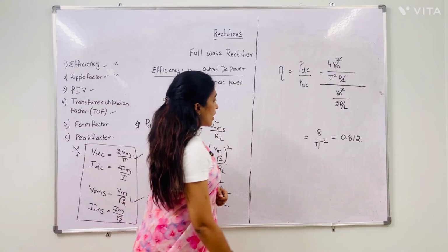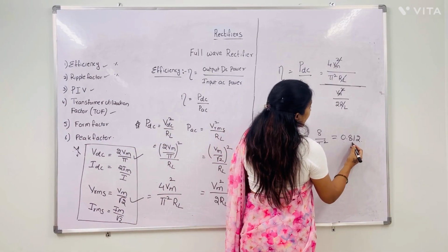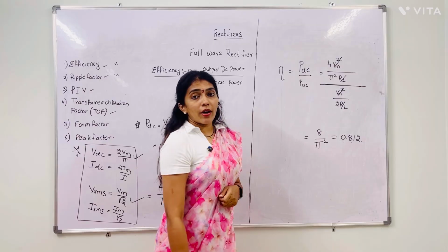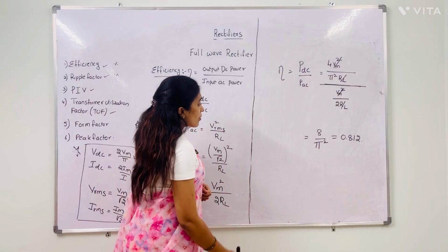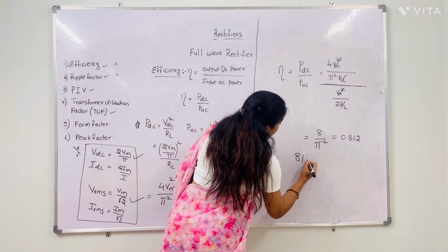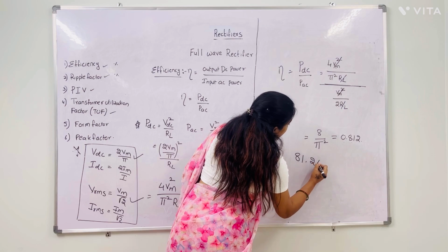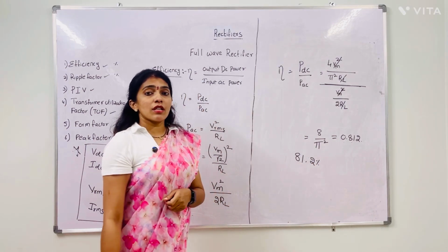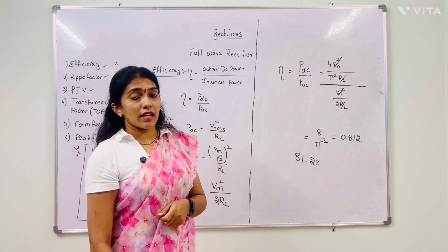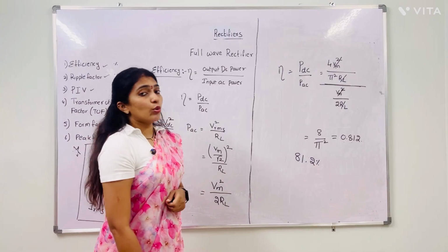8 by pi square value is 0.812. In terms of percentage, 81.2 percentage. So the efficiency of a full wave rectifier is 81.2 percentage.